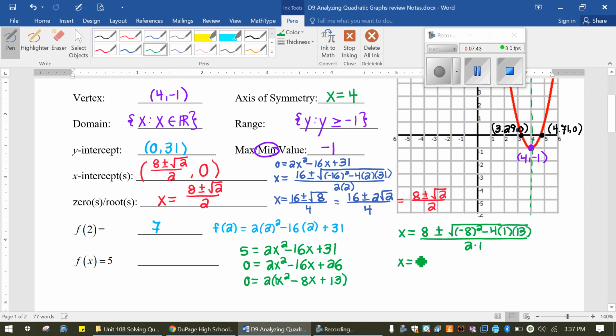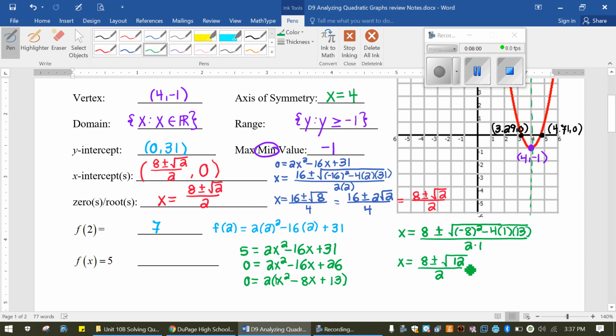So what I get here is 8 plus or minus, and then if you put this into your calculator all at one time, in the right spot, you're going to get a 12 here all over a 2.